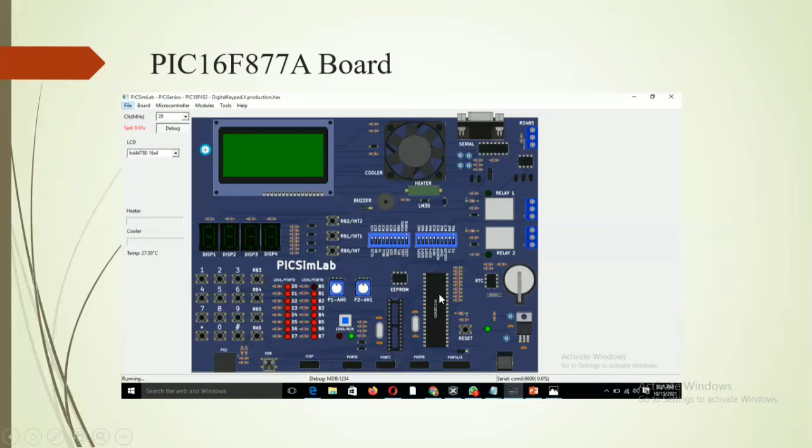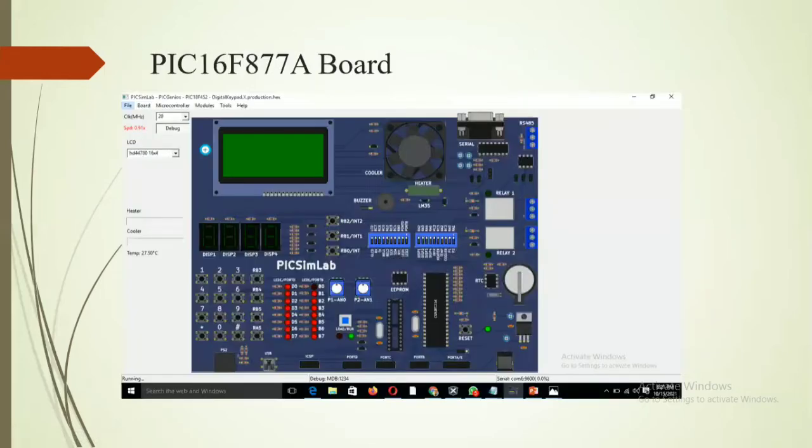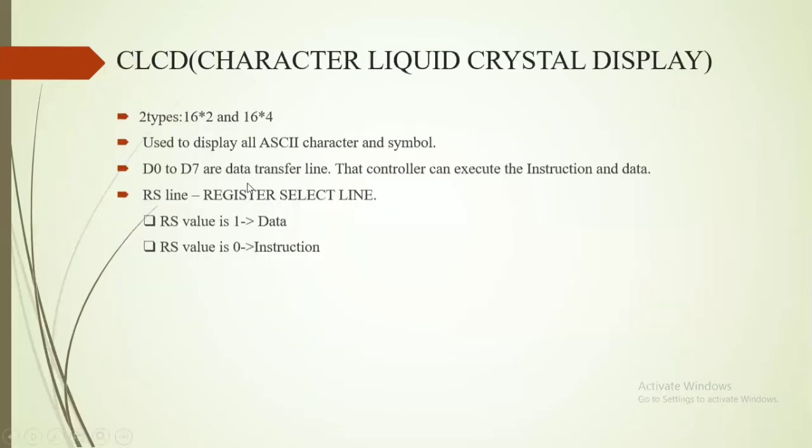Next, as I told in the previous slide, this is the CLCD display. CLCD is defined as a character liquid crystal display. It is of two types, 16x2 and 16x4, and is used to display all ASCII characters and symbols.